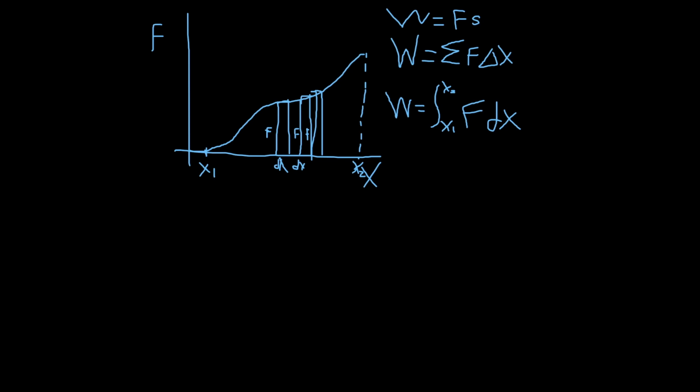Now that we know how to find work with varying forces, let's take a look at a special case, which might seem a little bit familiar. This case will be when force is constant, and this will agree with what we've observed previously.